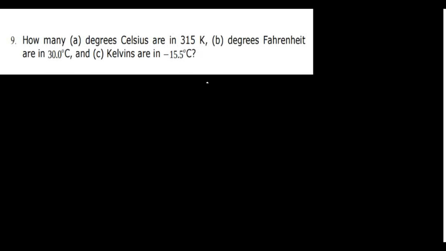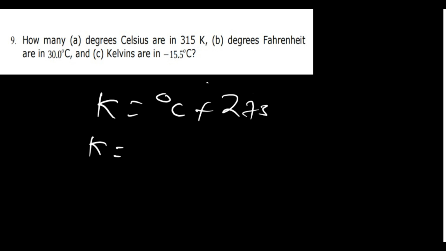Okay, so part C is saying, how many Kelvins are in negative 15.5 degrees Celsius. So we're going to use the same formula where we said the Kelvin is the degrees Celsius plus 273. They have given us the degrees Celsius already, so it's just a matter of putting it in. So it's going to be negative 15.5 degrees Celsius plus 273.